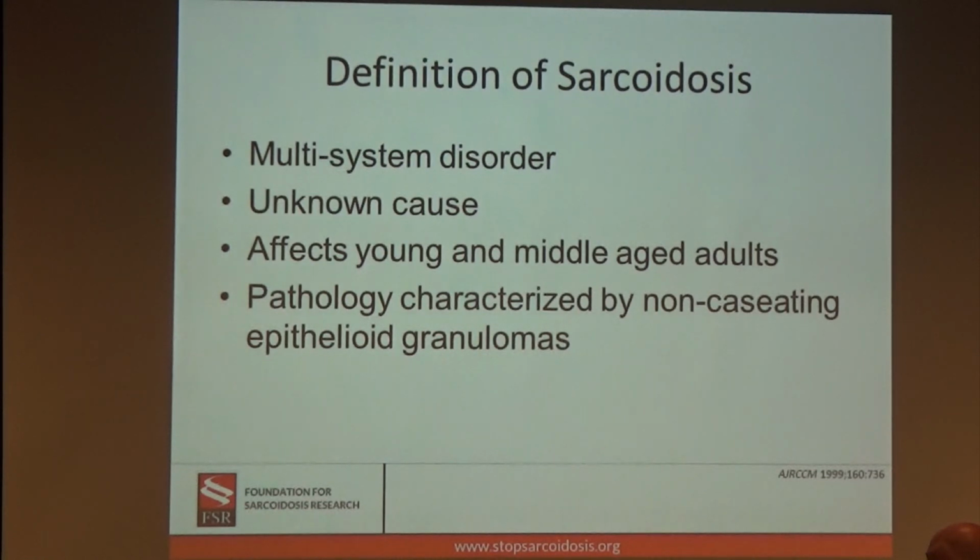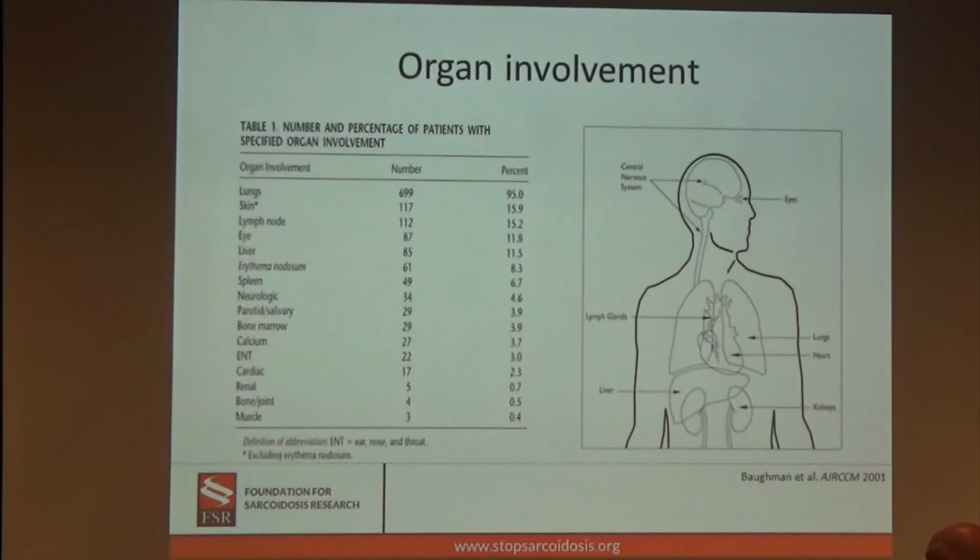It primarily affects young and middle-aged adults, and when you do a biopsy, the hallmark of that biopsy is something called non-caseating granulomas. You might have heard the term granuloma from your doctors. So again, in summary, it affects lots of systems. We don't know what causes it. It usually affects young and middle-aged people, and granulomas are seen on biopsy.